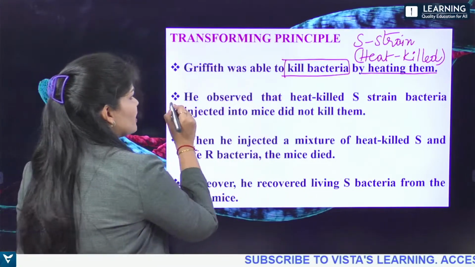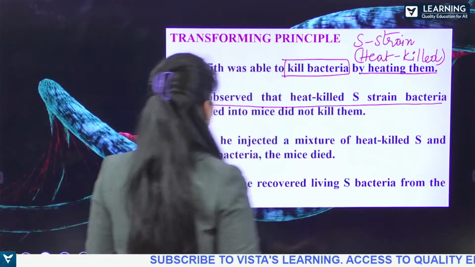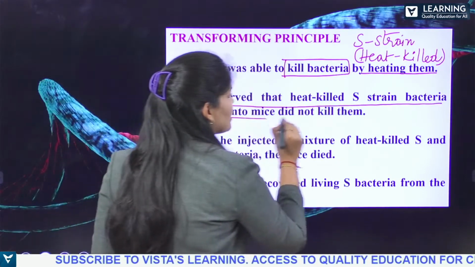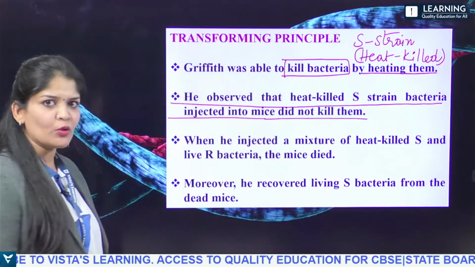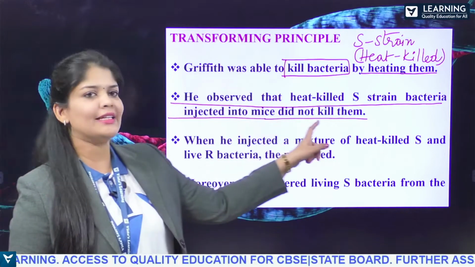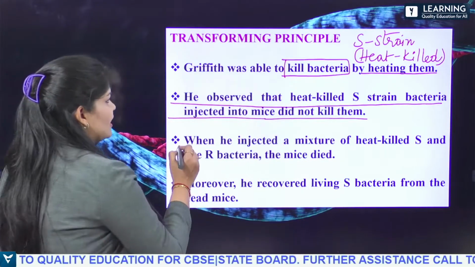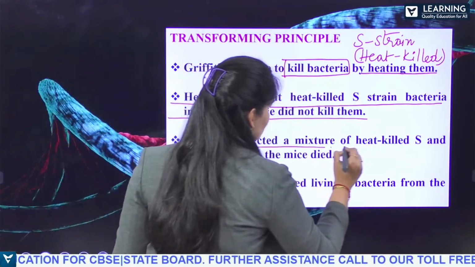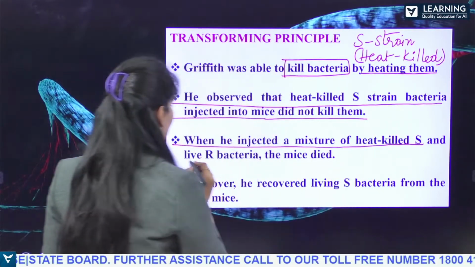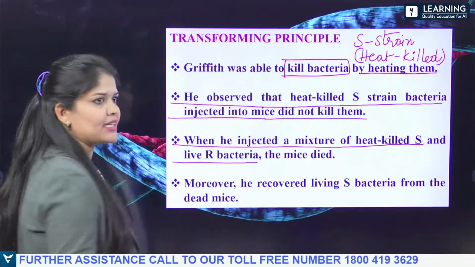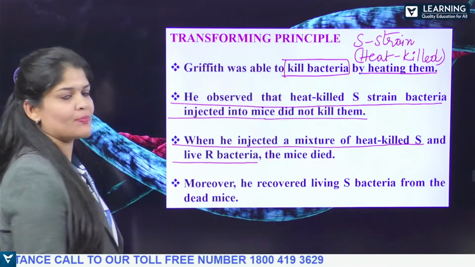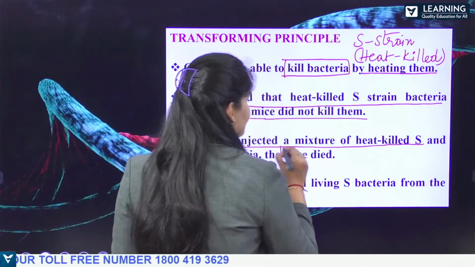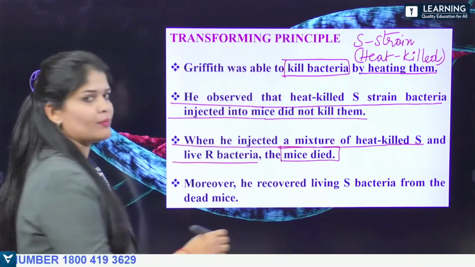So, he observed that the heat-killed S strain bacteria injected into mice cannot produce pneumonia, therefore the mice didn't die. Now, when he injected a mixture of heat-killed S strain as well as live R bacterium, it is able to cause pneumonia and leads to the death of the mice.